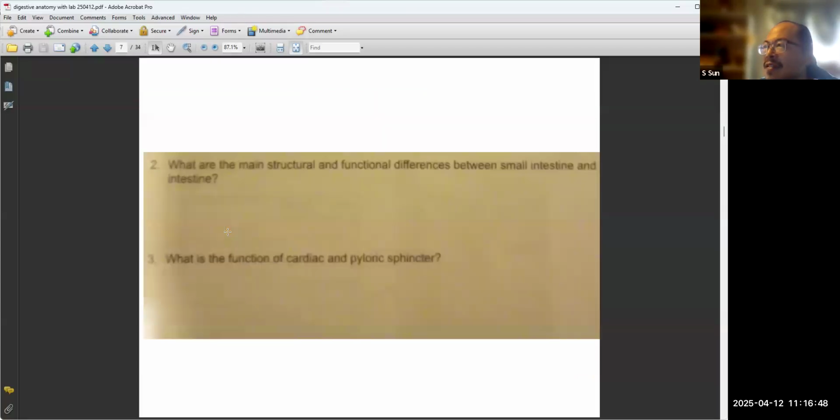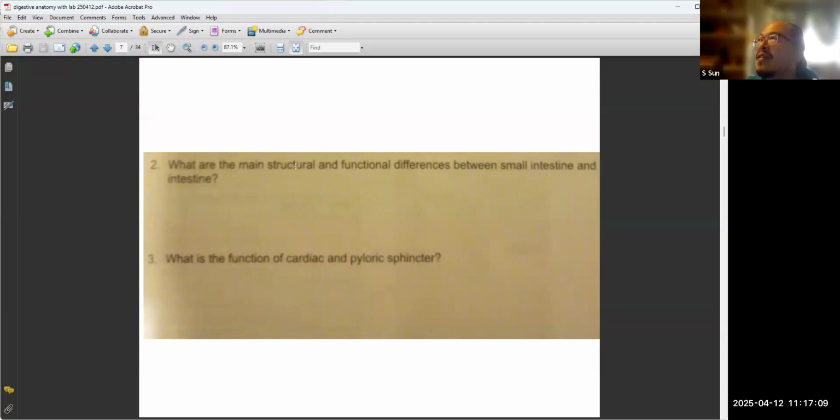All right. So we have two more questions to answer. So why is the main structure and the function different between small intestine and the large intestine? Let me double check. Yeah, large intestine.